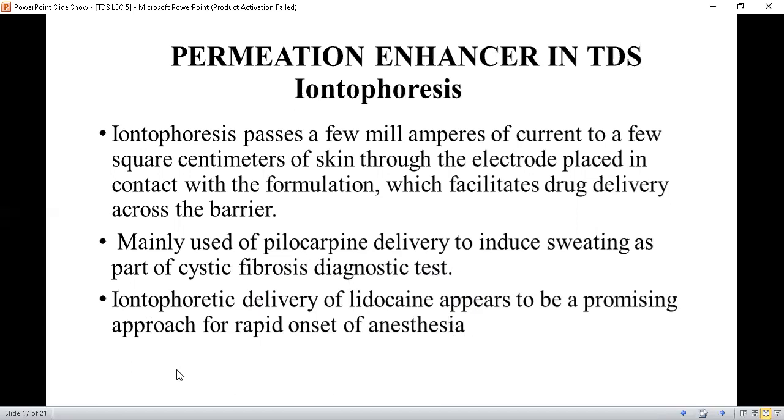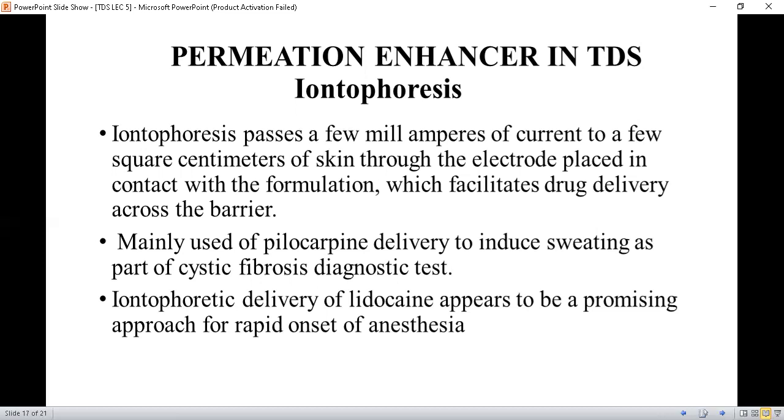For the rapid effect of anesthesia, we can also use the technique of iontophoresis, in which a small milliampere of current is applied to a few square centimeters of the skin so that it will facilitate the delivery of the drug through the skin. It means through a small amount of current, we increase the permeability of the skin for maximum absorption of the drug substance.